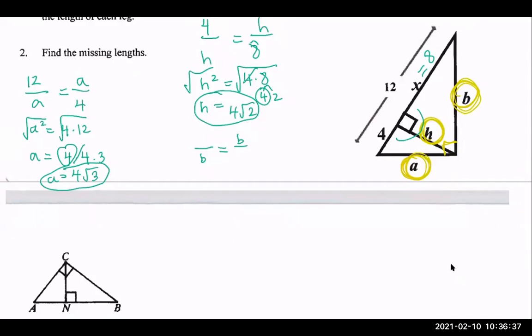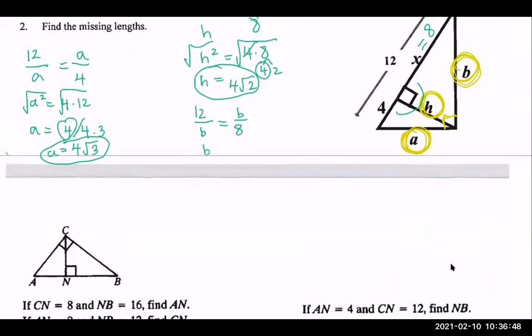So the whole hypotenuse is 12, and the piece of the hypotenuse closest to it, very good, is 8. So 12 and 8. Okay, so cross multiply, we get B squared equals 8 times 12. Okay, when I take the square root of both sides, I get 8 is 4 times 2, and then 12 is 4 times 3. So notice that you have a pair of 4s, so one of the 4s can leave. The other numbers stay inside. So we get 4 radical 6 is the correct answer.